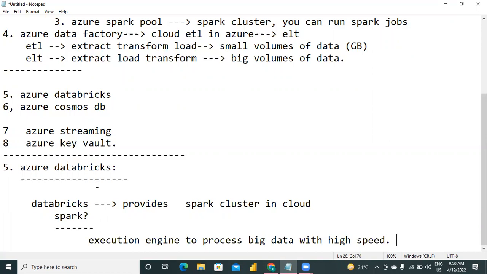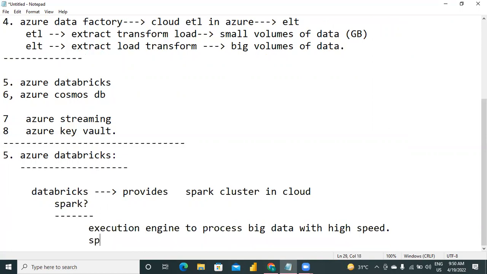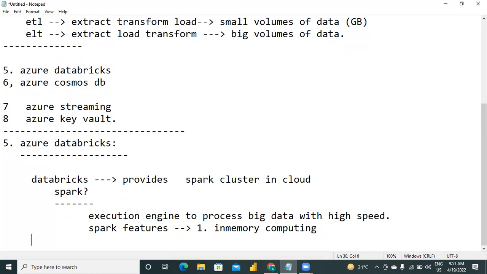Spark has 2 key features. Number 1, the in-memory computing feature. The in-memory computing model is very fast, 100 times faster than regular disk computing models. Second, it supports MPP, massive parallel processing.